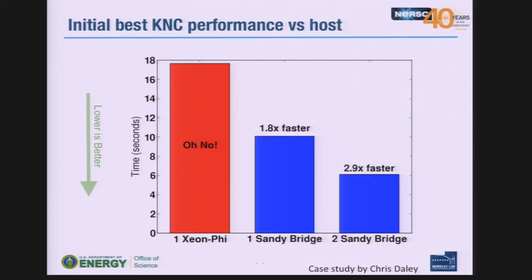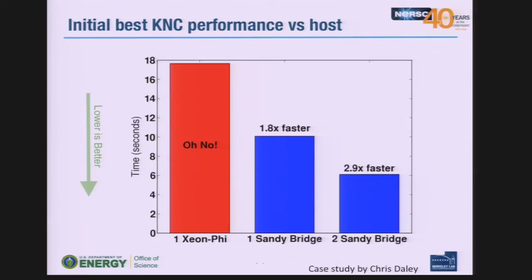Now, I don't know price, but either way you look at it, this doesn't look very good for the Xeon-Phi at all. So in his little test case, and this is the best case performance, he's getting about 17 seconds, and just using two Sandy Bridges, which is the host node, he's got almost 3 times faster.